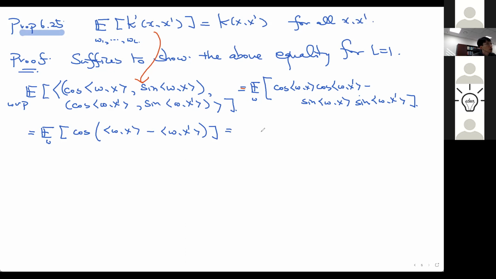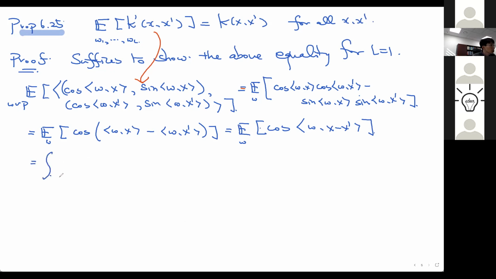And then this one, if we now use an expectation, can be written as cosine of W times x minus x prime. And perhaps you forgot it now, but this is exactly the formula that I told you.